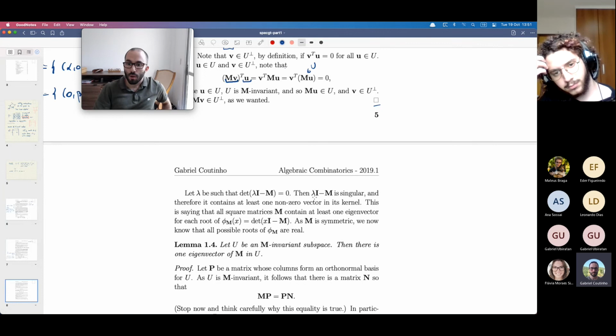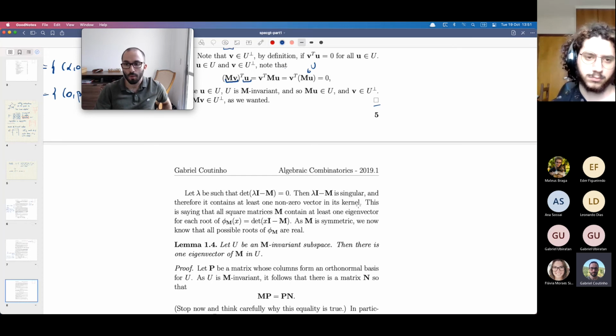Okay, so lambda I minus M is singular, and therefore it contains at least one non-zero vector in its kernel. Okay, now this is saying that all square matrices N contain at least one eigenvector for each root of the characteristic polynomial.